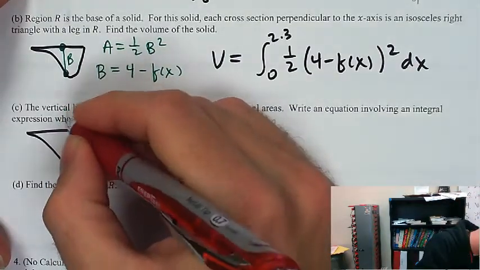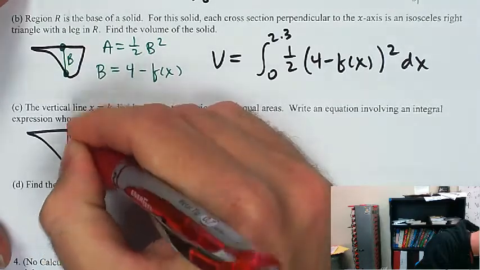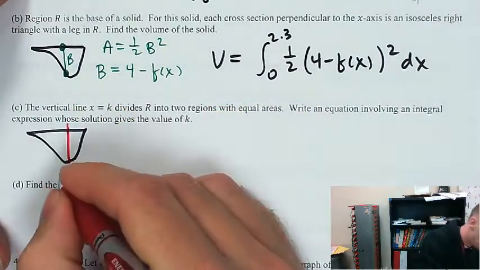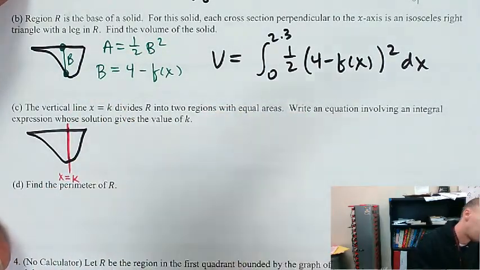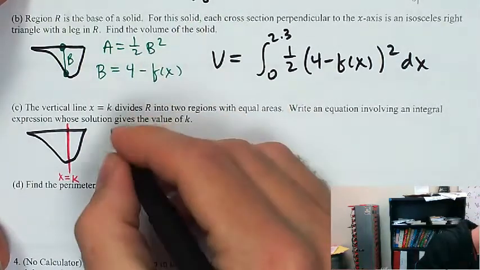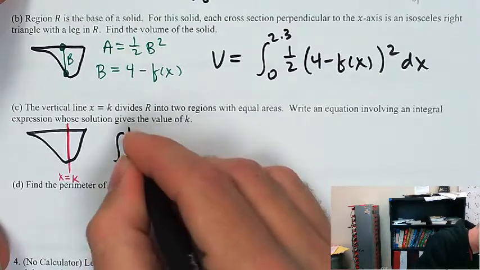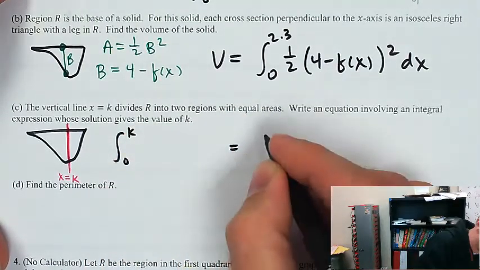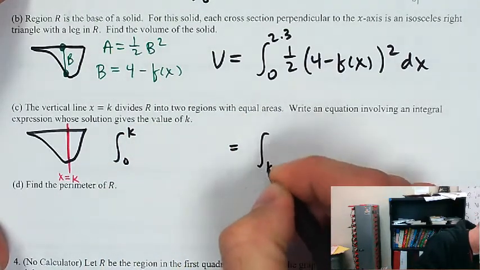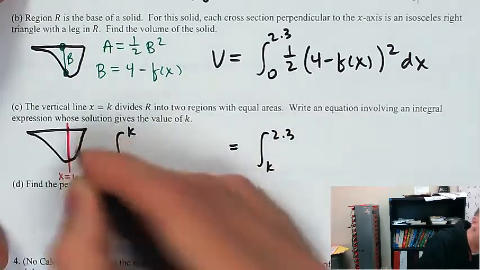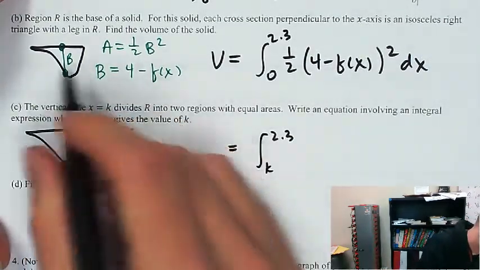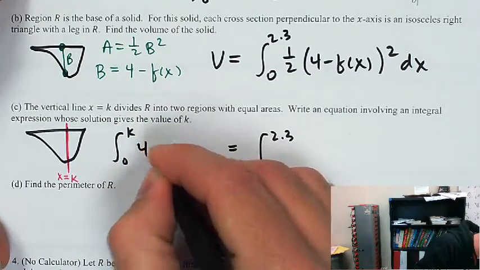I bet it'd be right about there. Doesn't matter where it is. So we're going to say that the integral of top minus bottom up to k is going to be equal to the integral from k to 2.3, also same top minus bottom. So top minus bottom is 4 minus f of x.